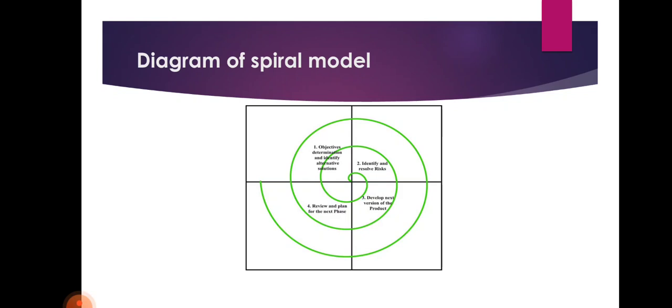For example, if user interface risk is dominant, the development model might be an evolving prototype. After the risk analysis, we come to know what kind of solution is to be taken, and on that basis we can do development and validation in this quadrant. This is all about the third quadrant.